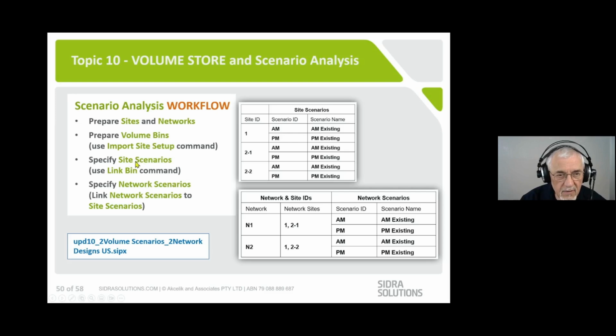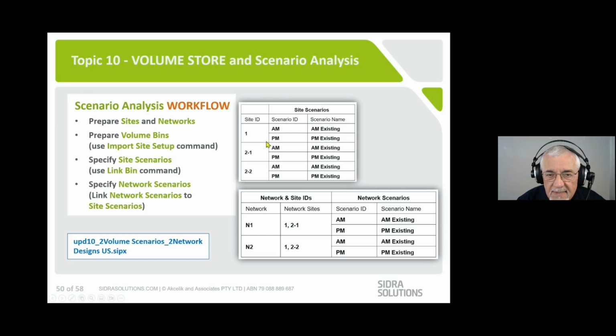Then go to the sites, use the site scenarios dialog. To specify a site scenario, all you have to say is link to this bin. Network scenarios: now, if you have different network designs, as I have shown you, then in the network scenarios dialog, use link to the site scenarios.